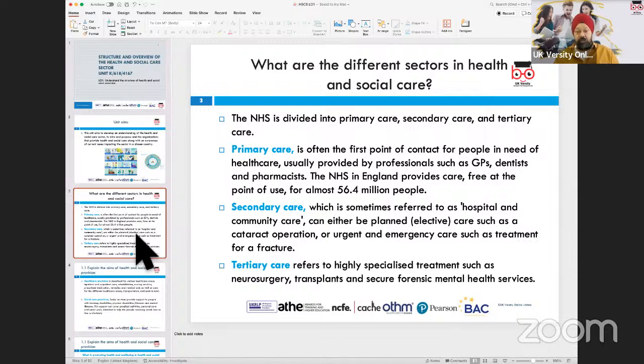And in such cases, you need prolonged care, you need specialist care, and this specialist care and treatment, which is provided by a range of professionals, would constitute what is called tertiary care. So if somebody was to ask you what kind of services you get from the health and social care sector in the UK, specifically when I say UK, because these three types are available across Northern Ireland, Scotland, England, and Wales, they would be primary care, secondary care, and tertiary care.